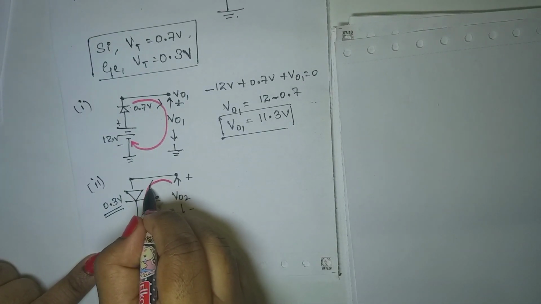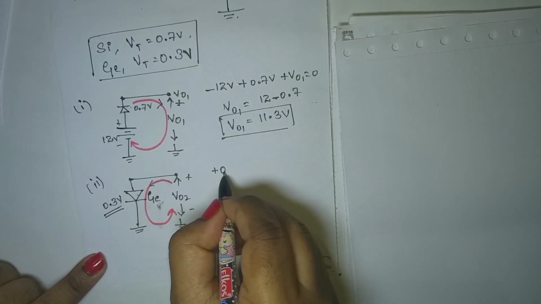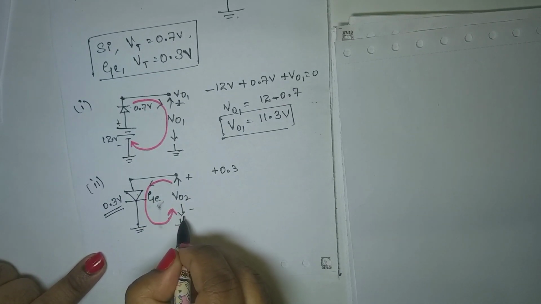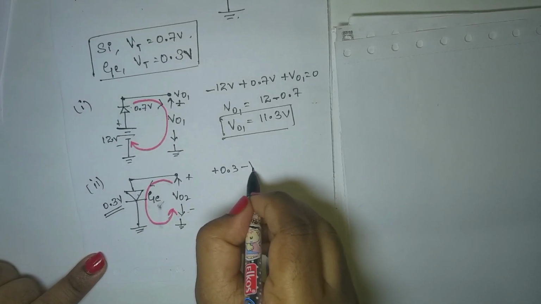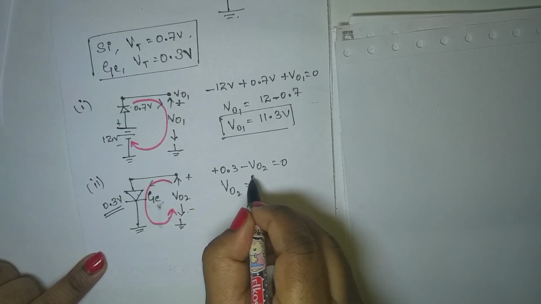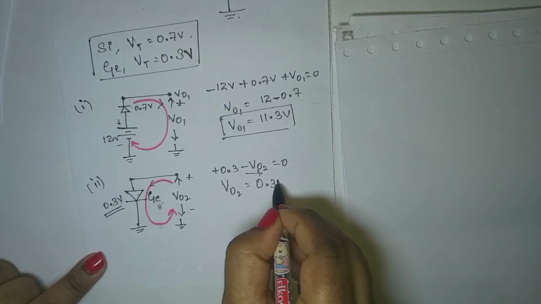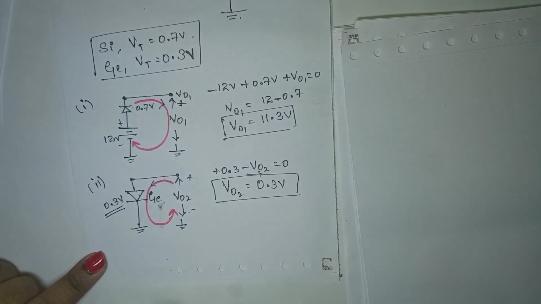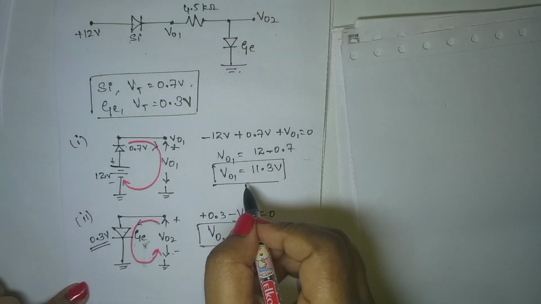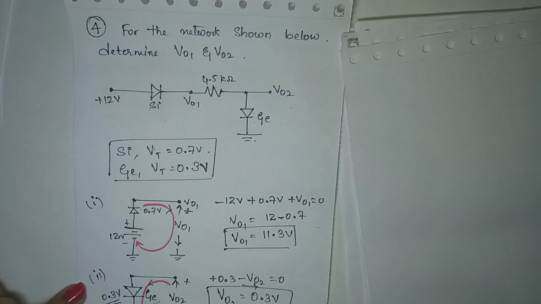Look at this, the arrowhead is meeting positive of germanium, so plus 0.3. It is meeting minus of V02. Minus V02 is equal to 0. Let me push towards the right hand side. V02 is 0.3 volts. So that's all. You got the values of V01 and V02 according to the question.